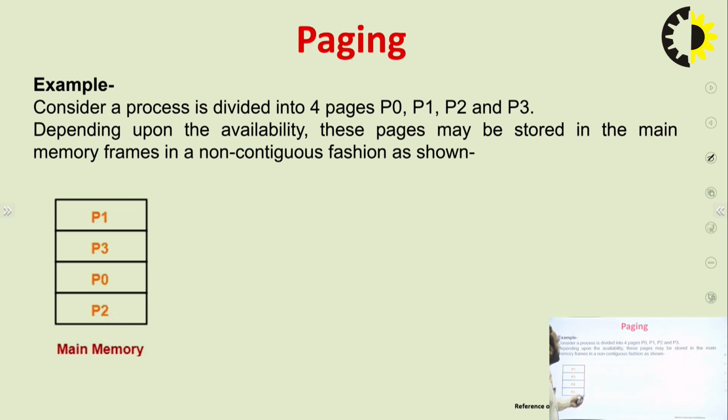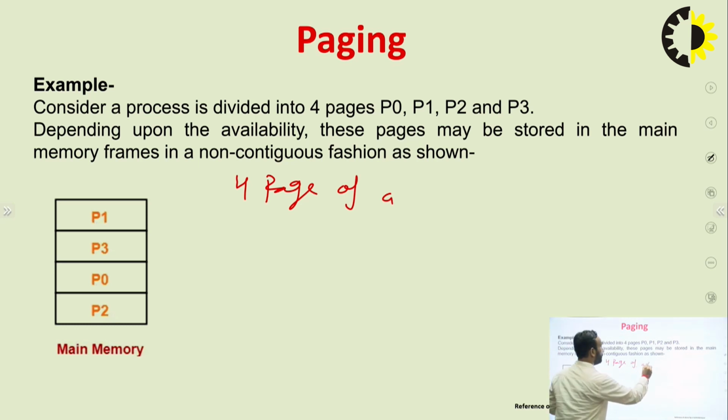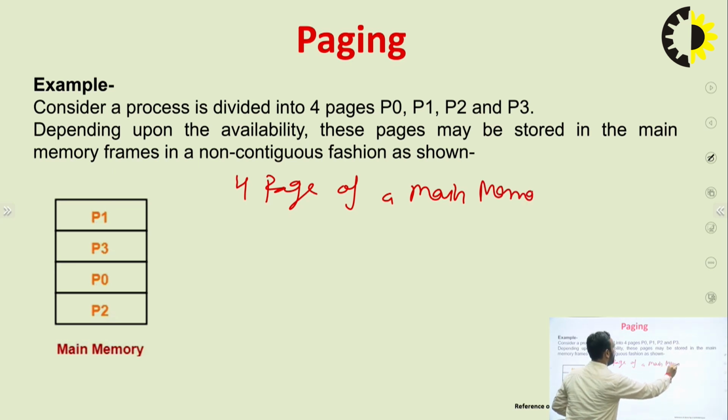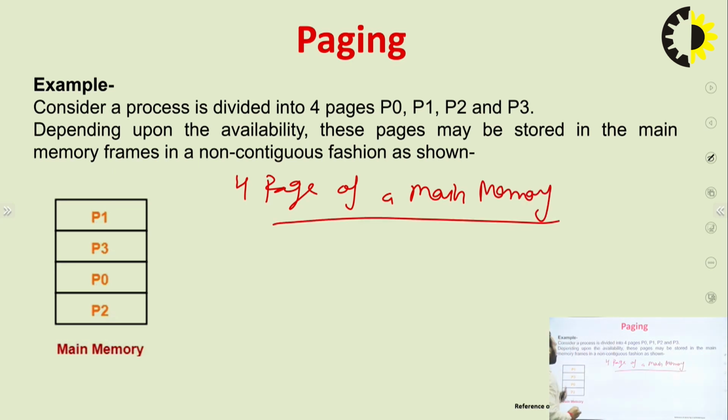Here we consider an example in which we have 4 pages of a process to place in main memory. First I will read the example here, then I will explain.